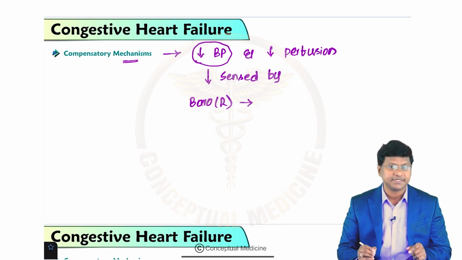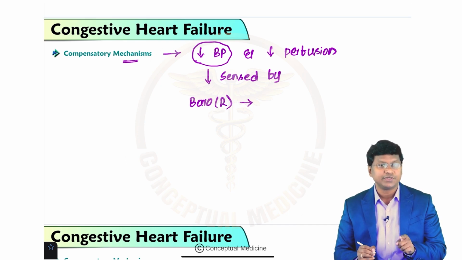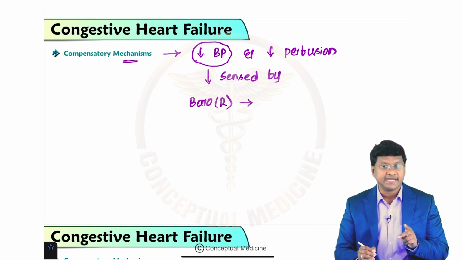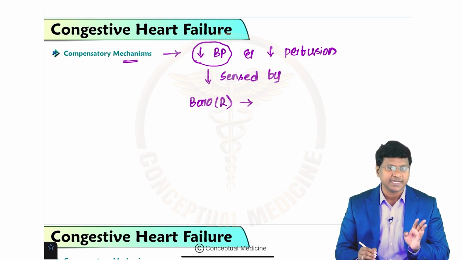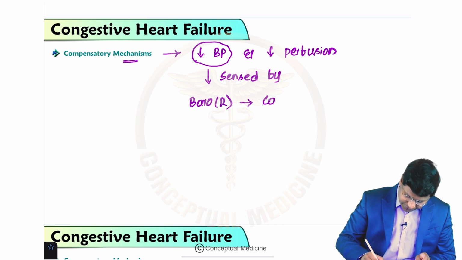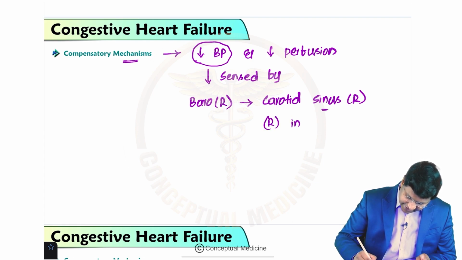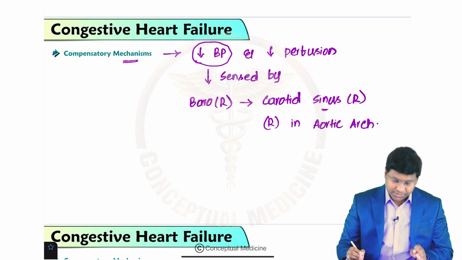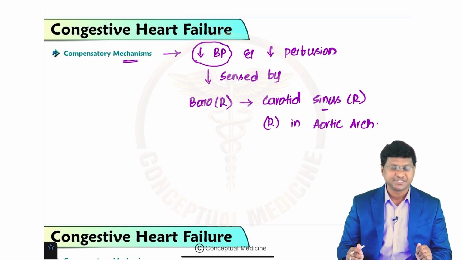These baroreceptors include the carotid sinus receptors and the receptors in the aortic arch. So these are the baroreceptors.